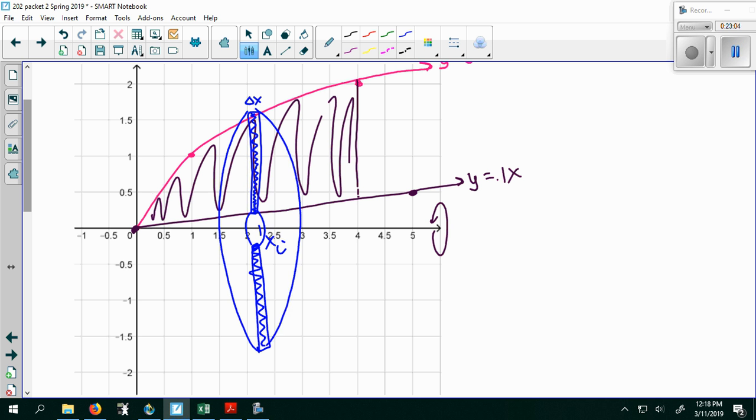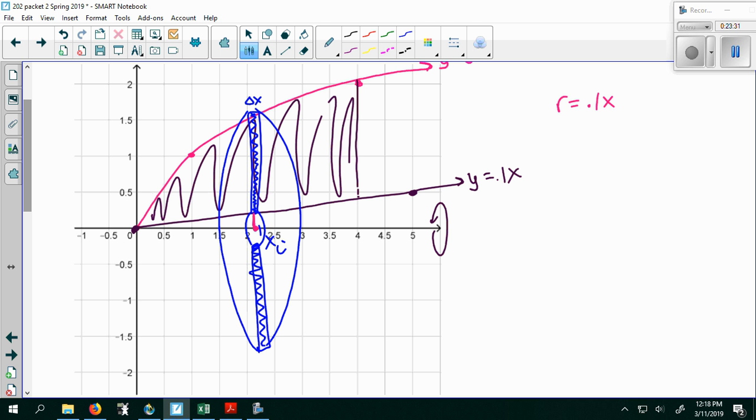Okay, so I need the inner radius and the outer radius of this washer. The inner radius is the distance from the center, which is the axis of revolution, so the distance from the x-axis to the bottom of my representative rectangle, the closest point. And that is on the line y equals 0.1x. So little r, my inner radius, is just 0.1x.